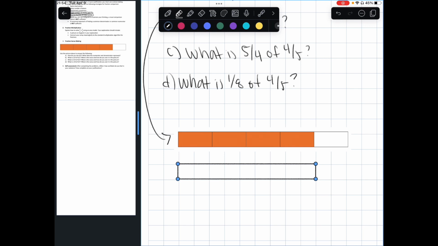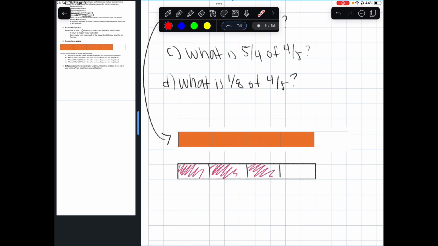here's our image, right? We're gonna break it up the same way. 1, 2, 3. So this is our 3/4, right? And we'll color it in. 1, 2, 3. And another really important thing to remember about fraction multiplication is that when you multiply fractions together, you're actually making the fractions smaller.